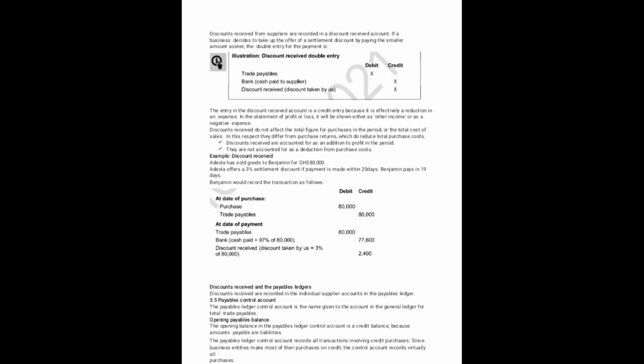So if we have the discount received recorded in the payables ledger, which is the individual creditors' account, then the corresponding credit entry will go to the discount received account under the general ledger, as I was saying before.